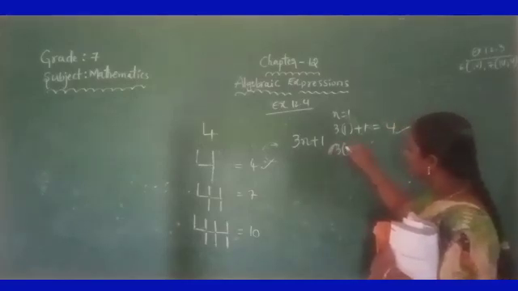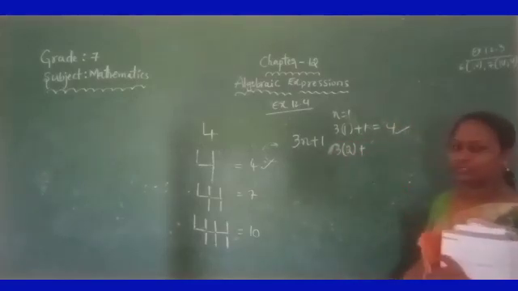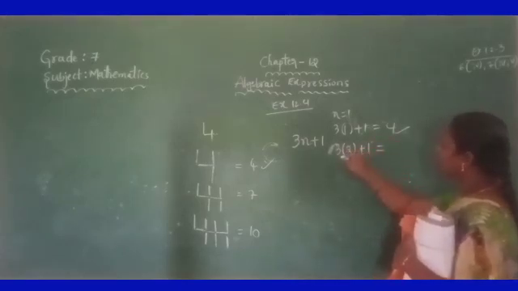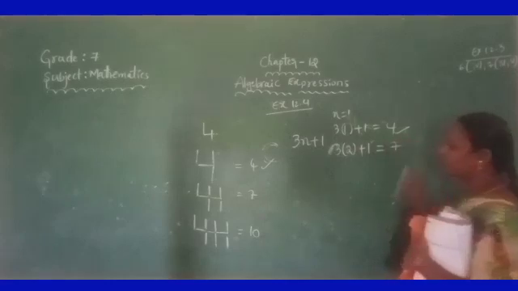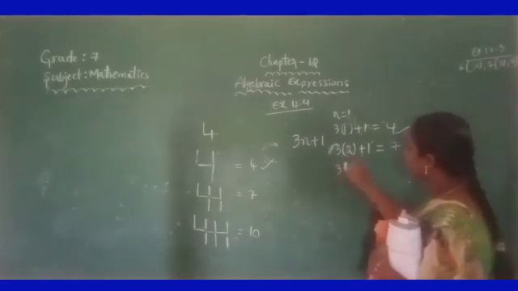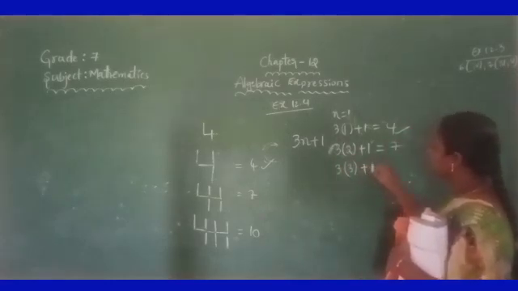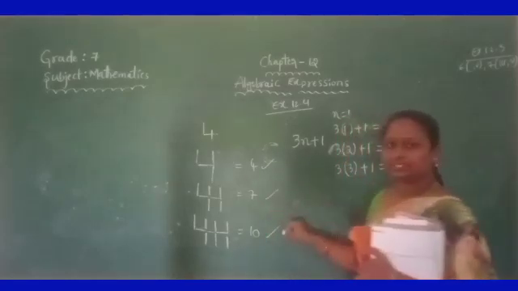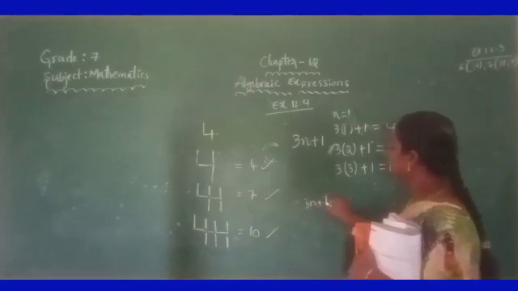If you take 2 fours, that is 3 into 2 plus 1, 3 twos are 6, plus 1 is equal to 7. Like that, 3 fours is equal to 10.